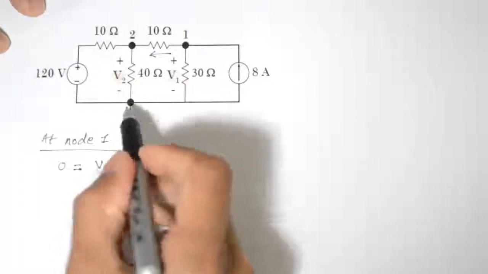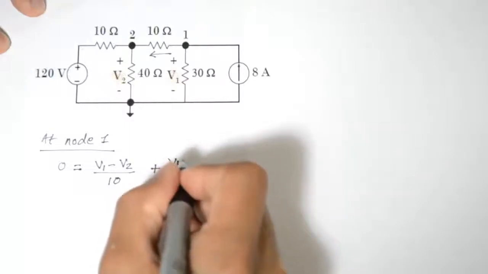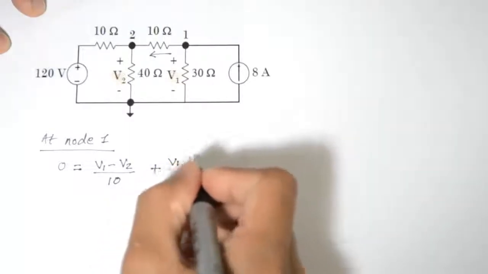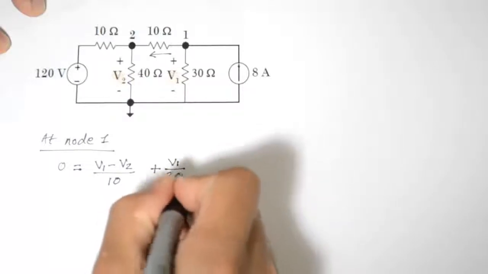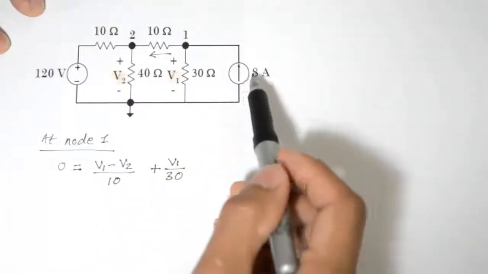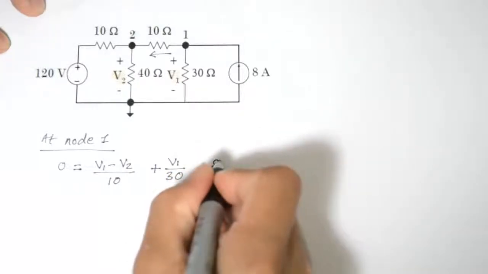This is the ground. That is V1 minus ground, which is 0, divided by 30. And finally we have 8 amperes coming in, so we just do minus 8.